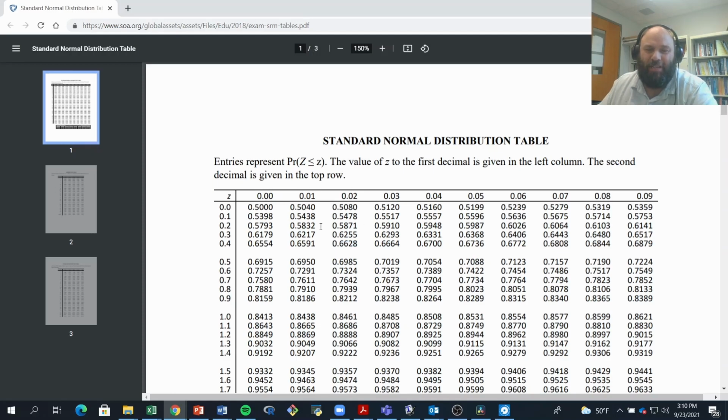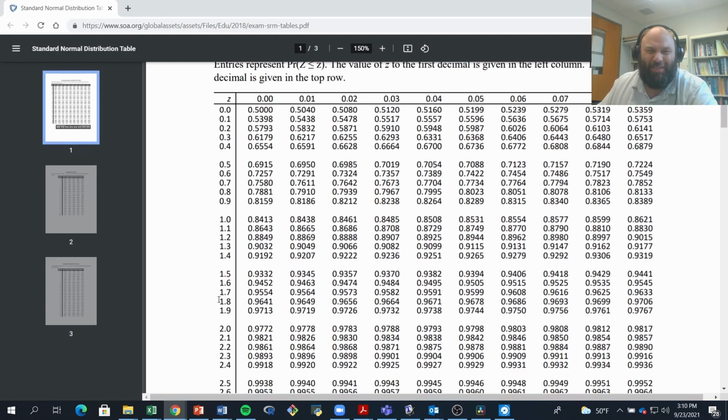We wanted to know the probability that z is less than 1.84. So we start with 1.8. Here's 1.8. This entire row has the probabilities for 1.8 and so on. Well, we wanted 1.84, so that means we need to look down the column where the second decimal point is 4.